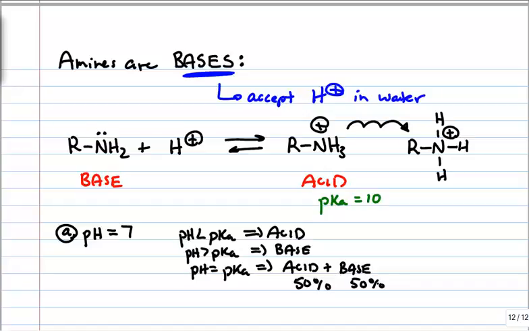Well, in this case, at pH 7, the major form of our molecule, well, let's look at it. The pH is less than the pKa. So the major form is going to be the acid.